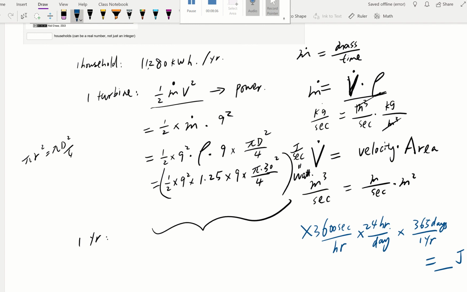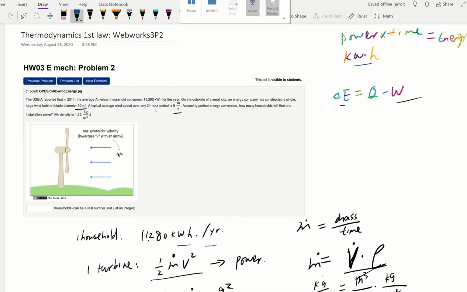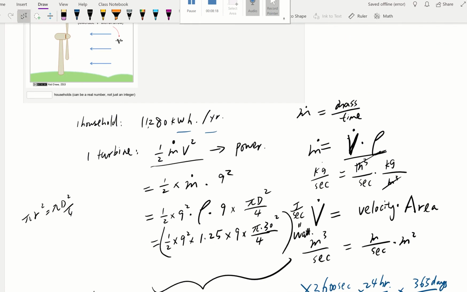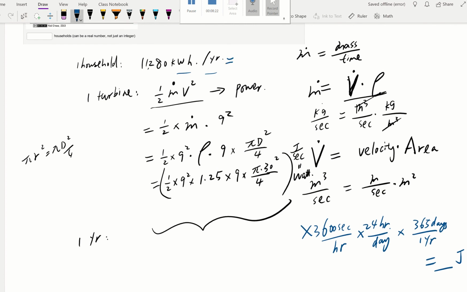in units of joule, right? And remember, one household for 1 year is in kilowatt times hour. Kilowatt hour is an energy unit, kilowatt times hour. So if you want to change that, you should, in order to make it happen. So you're going to change that to, for example, 11,280 kilowatt hour.